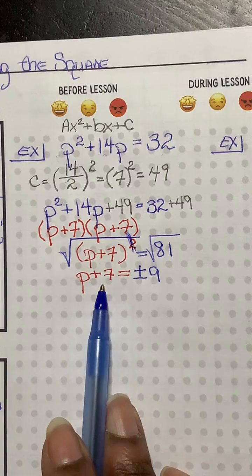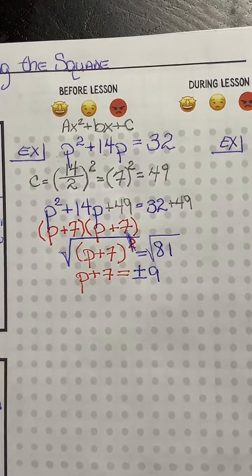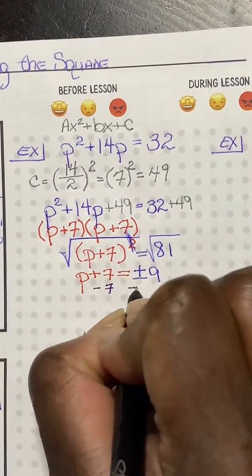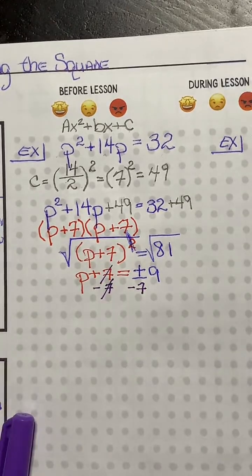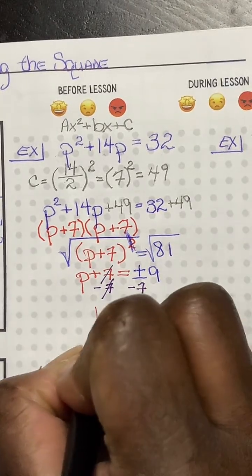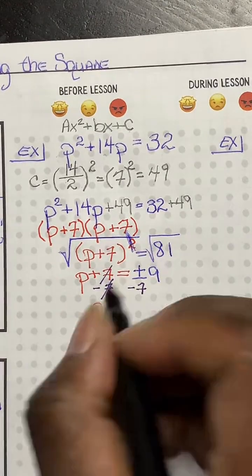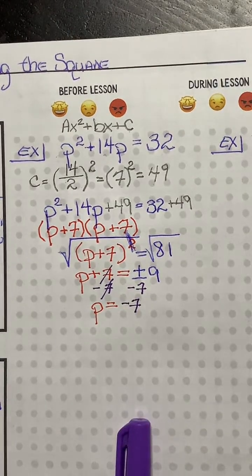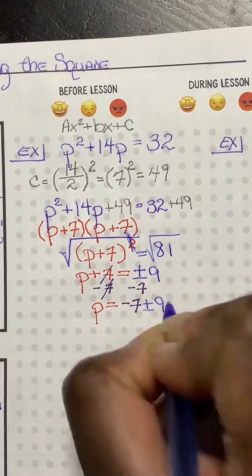So now we want to solve for p. So I'm going to subtract 7 on both sides. So when I have my p equals, it's going to equal -7 plus or minus 9.